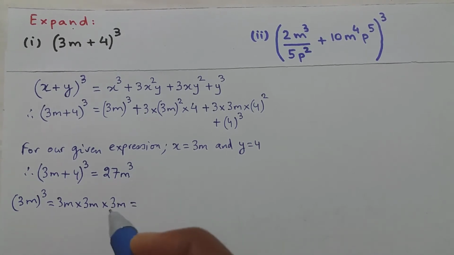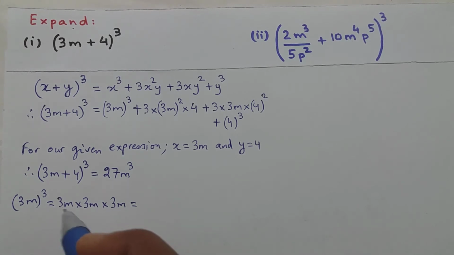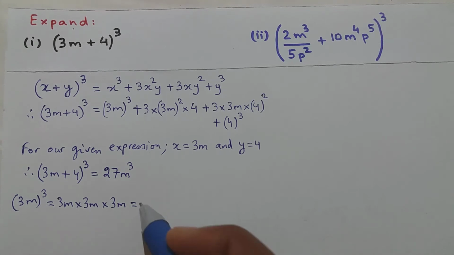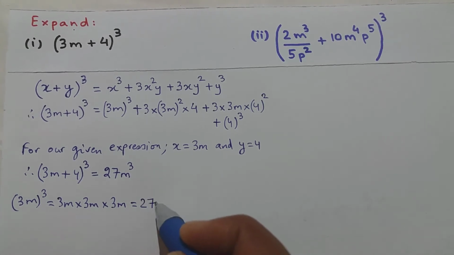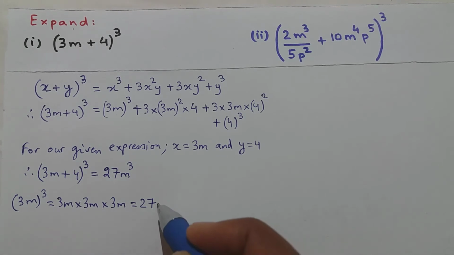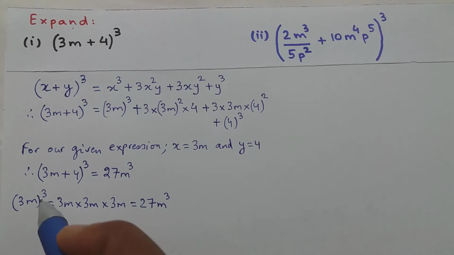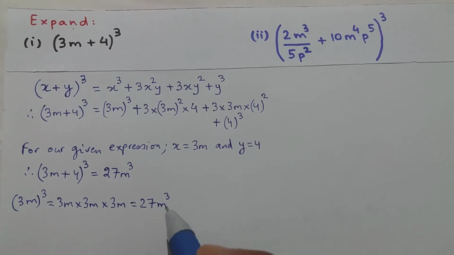So that is equal to 3 into 3 into 3. 3 into 3 is 9, 9 into 3 is 27. So it becomes 27. M into m into m is m cube. So therefore 3m whole cube becomes 27m cube.